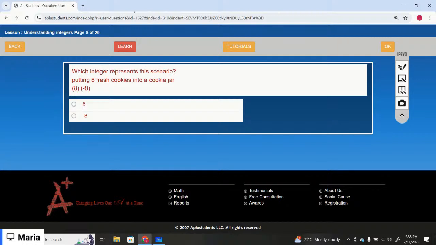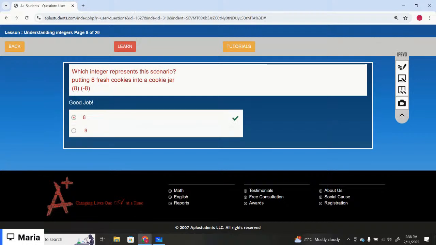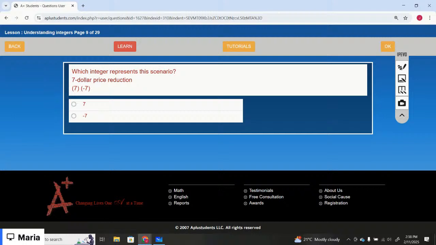So adding 8 is a positive number, positive 8 it is. Which integer represents the scenario? $7 price reduction.